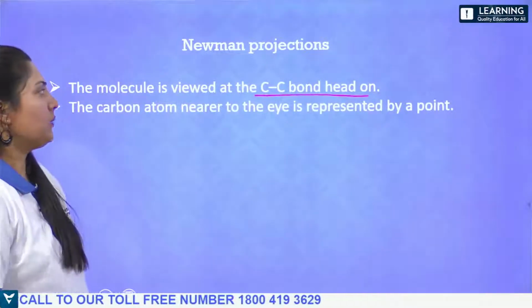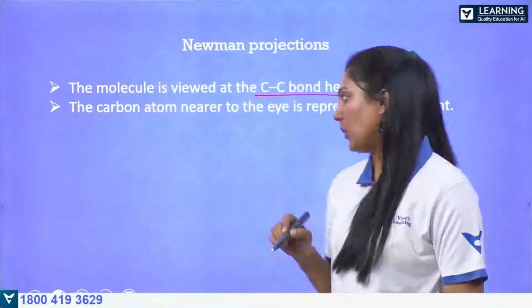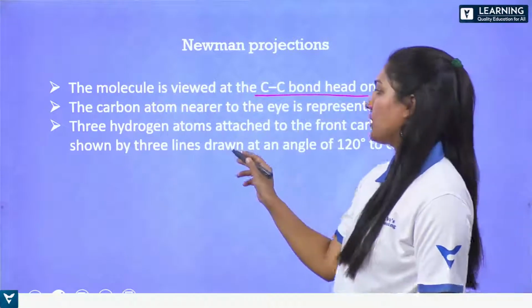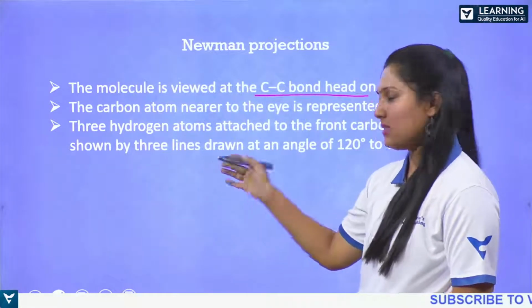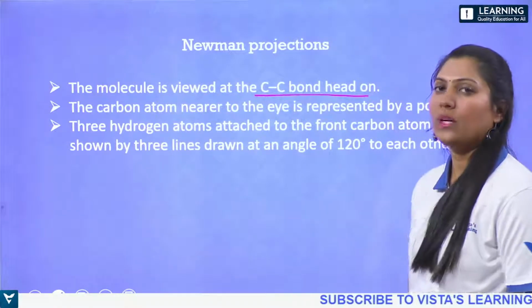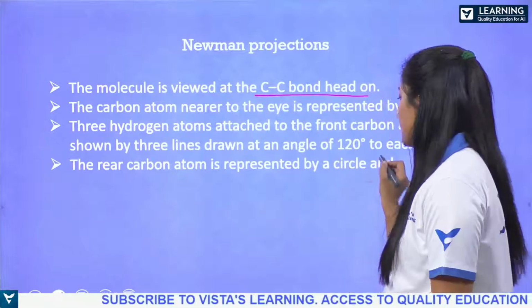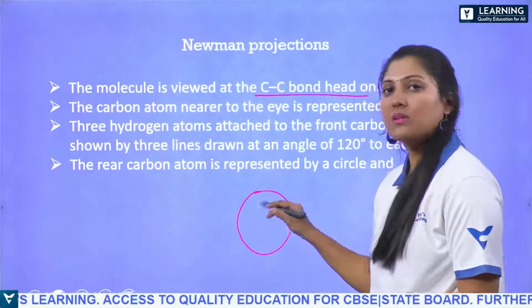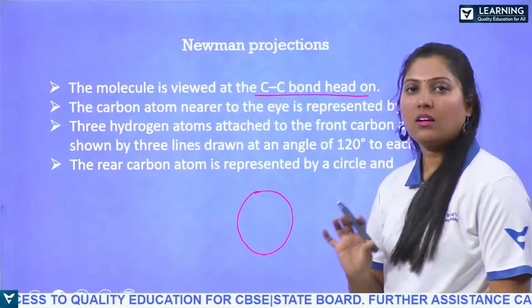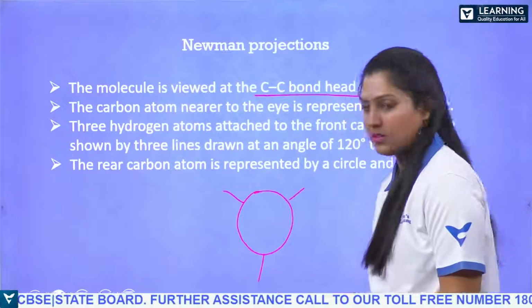The carbon atom nearer to the eye is represented by just a point, and the 3 hydrogen atoms attached to the front carbon atom are shown by 3 lines as usual, with an angle of 120 degrees. The rear carbon atom is represented by a circle. So we will have a circle given by the rear carbon atom, and that will have 3 bonds.